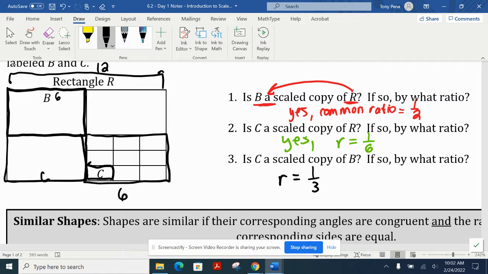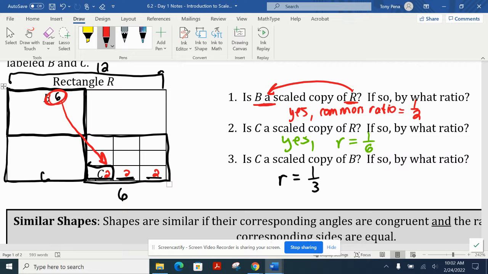And then she knew if overall this was 6, what does each one of these 3 then have to be? Good. Those are then going to be a 2, and a 2. So she went from a side length of 6 in rectangle B, and rectangle C has a side length of 2. So didn't that mean we did 6 divided by 3 in order to get the 2? All right. So good. That should be our 1/3.